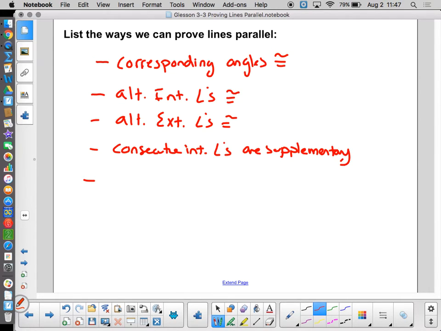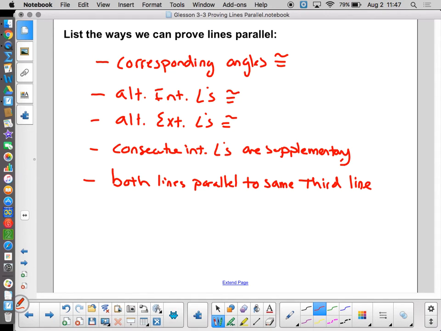Or if both lines are parallel to the same third line. Those are all different ways that we can prove that two lines are parallel.